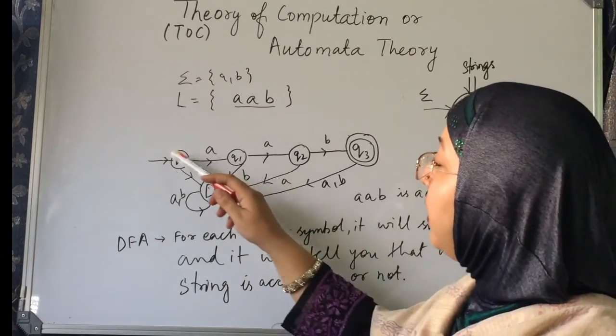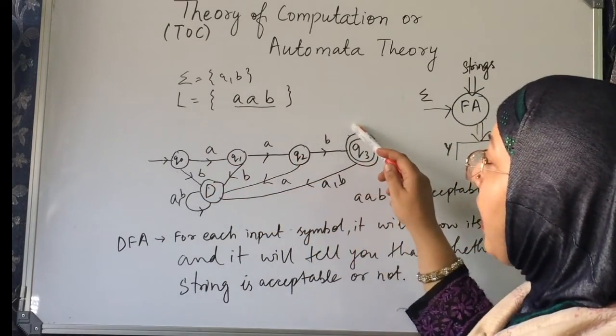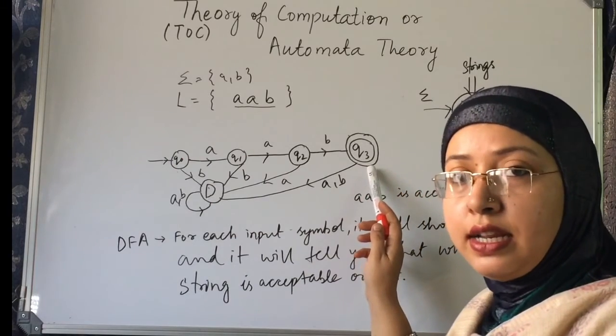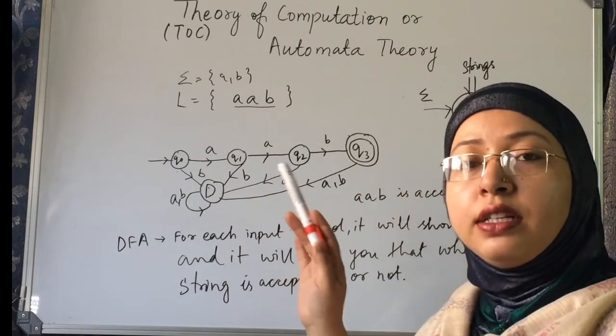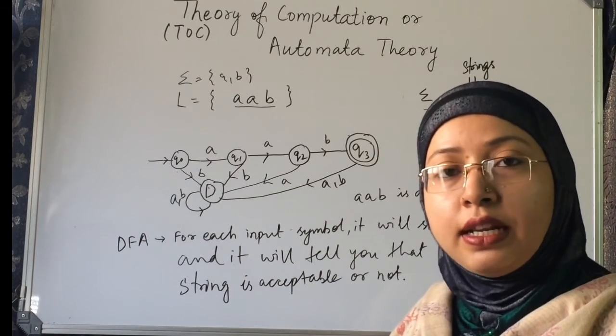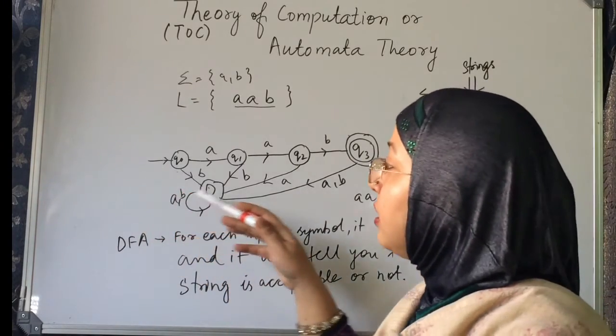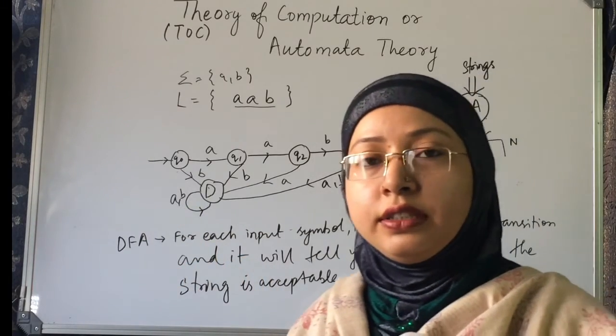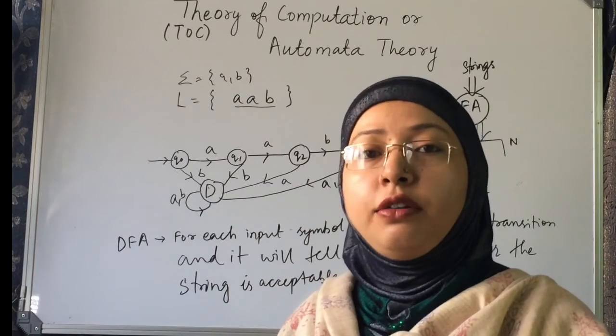If the input symbols scanned from the initial state reach the final state, then only the string is known as acceptable, or present in the language. If that string does not reach the final state, then all those strings will be rejected by this automata.